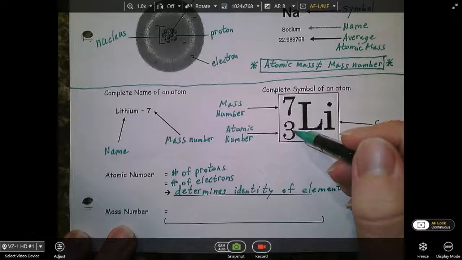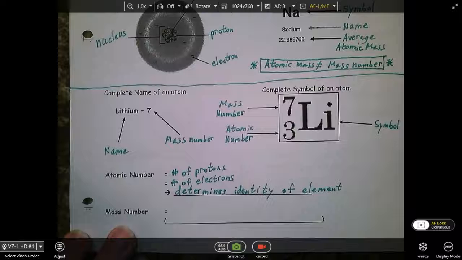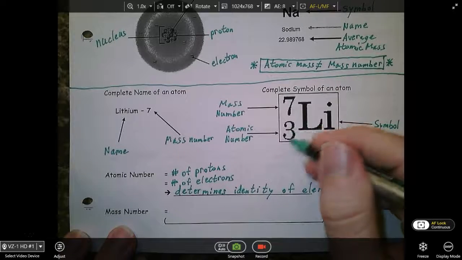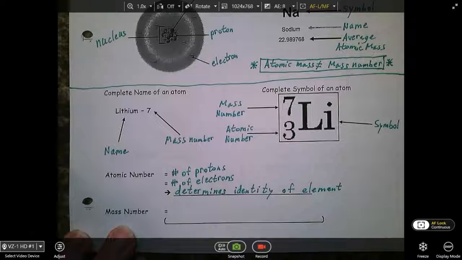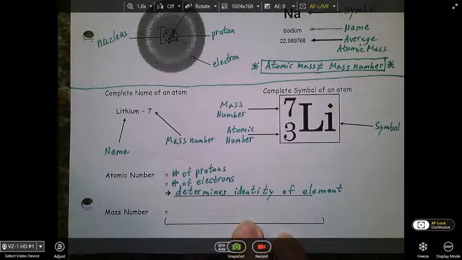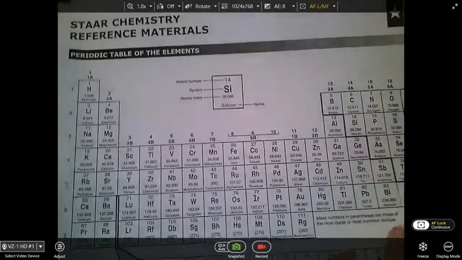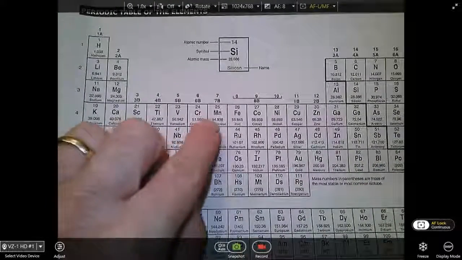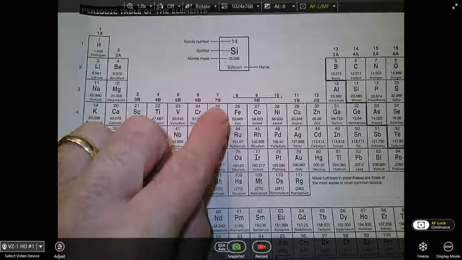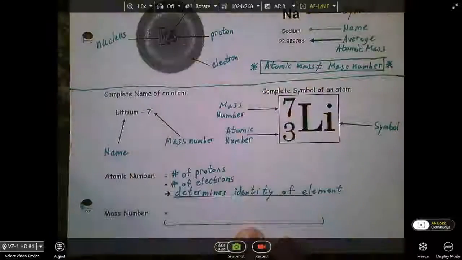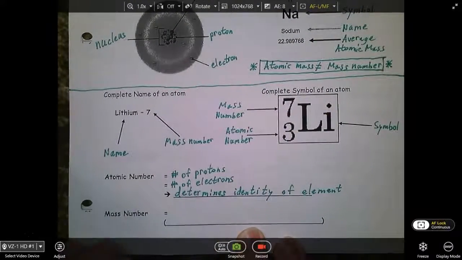So anything that has 3 protons is by definition lithium. Lithium, by definition, always has 3 protons. If it has 2 protons, it's not lithium anymore. It's helium. The number of protons tells you what element you have because it's the atomic number. If you look at the periodic table, it makes sense. They all have different atomic numbers. That is the number that actually determines what the element is. It's the number of protons.